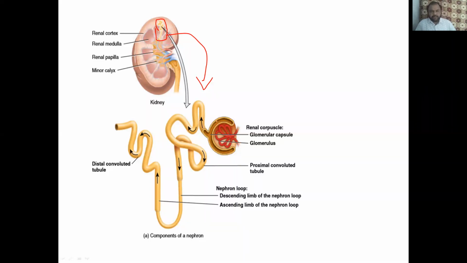The initial cup-like portion is called the renal corpuscle, and the remaining is the entire tubular portion. The branch of the renal artery, the blood vessel, is called the afferent arteriole.